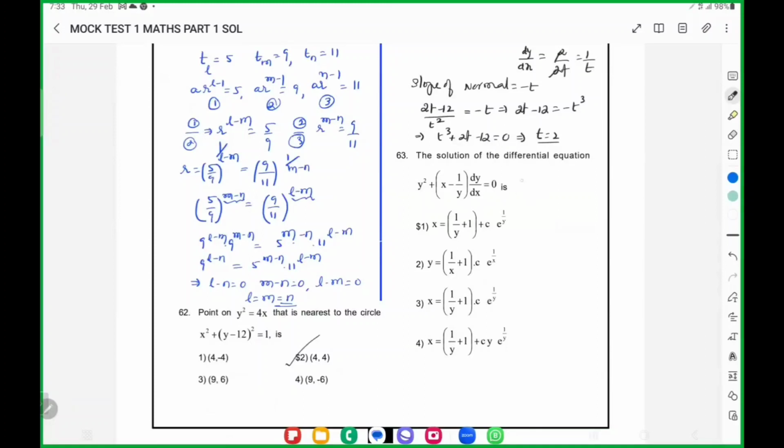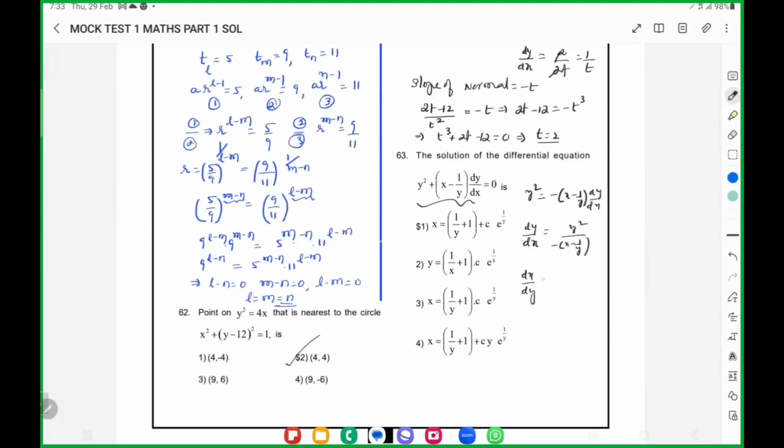Here, whenever you are solving a differential equation, first you find dy by dx to decide the model. So dy by dx is y square by something; it is neither homogeneous nor variable separable. The possibility is a linear differential equation.